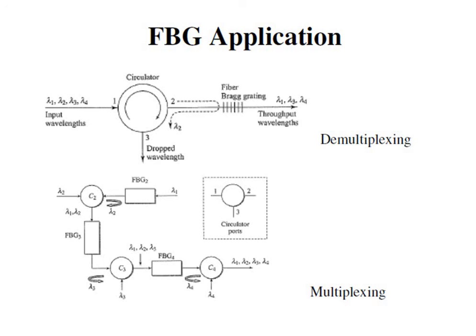Therefore, the losses are not uniform from channel to channel, since each wavelength goes through a different number of circulators and fiber gratings, which adds loss to that particular channel. This may be acceptable for a small number of channels, but the loss between the first and the last inserted wavelengths is a restriction for large channel counts.